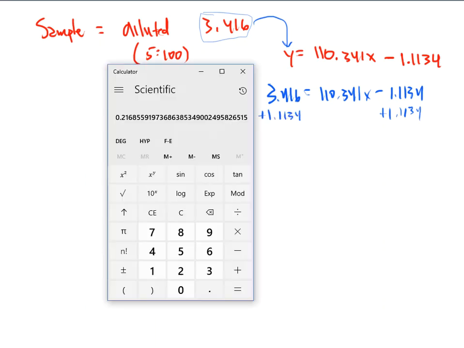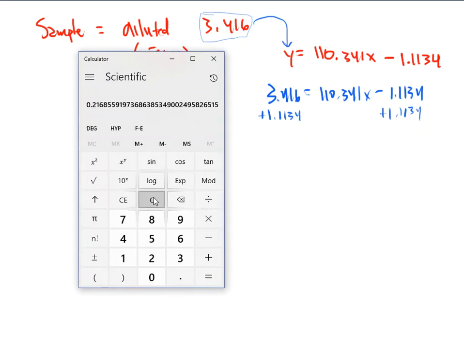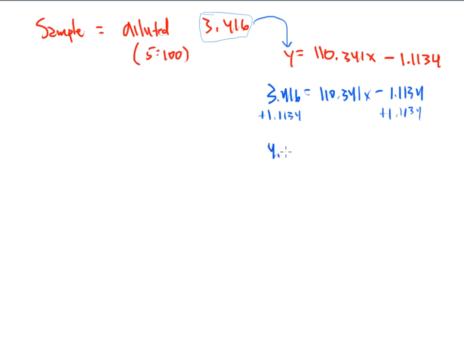That's what my equation tells me to do to solve for x. So 3.416 plus 1.1134 equals 4.5294. So 4.5294 equals 110.341x.